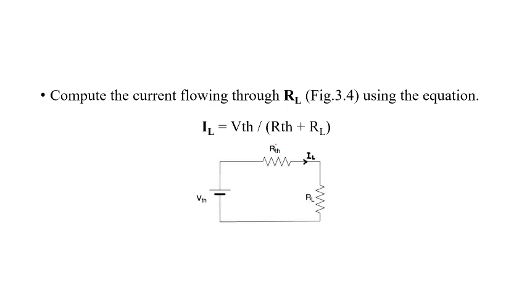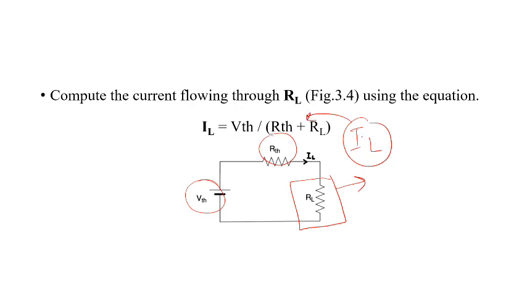This will be your equivalent circuit comprising RTH, VTH and RL, which is the same as your first step, by using this formula. And if this comes out to be equivalent to your current calculated in the first figure, then you can say that Thevenin's theorem has been successfully verified.